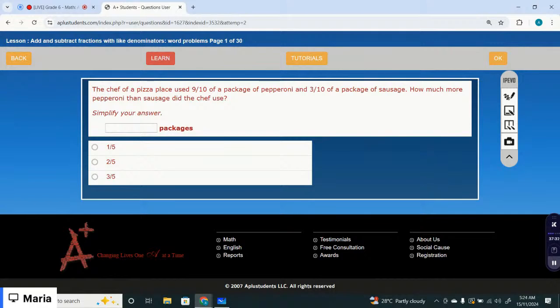So which is the correct option? 9 by 10 and 3 by 10 makes. Very good. 3 by 5. Option number 3 is the correct option.